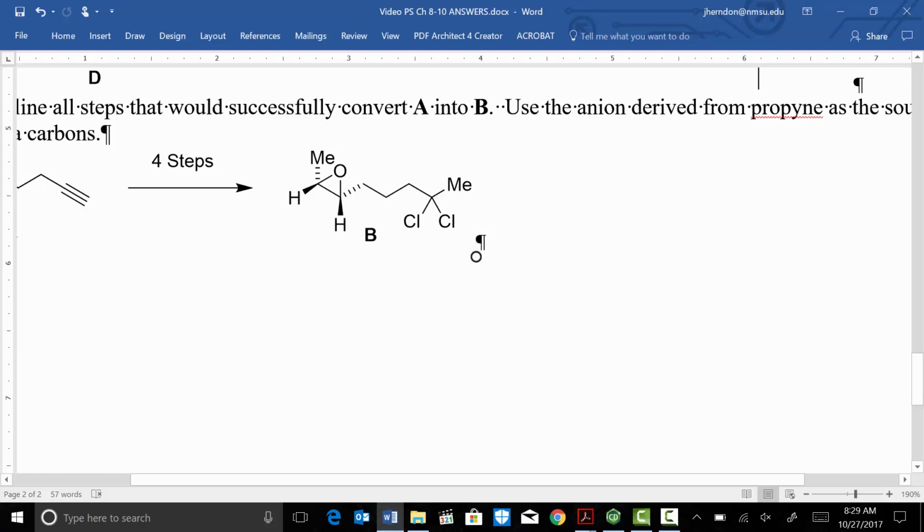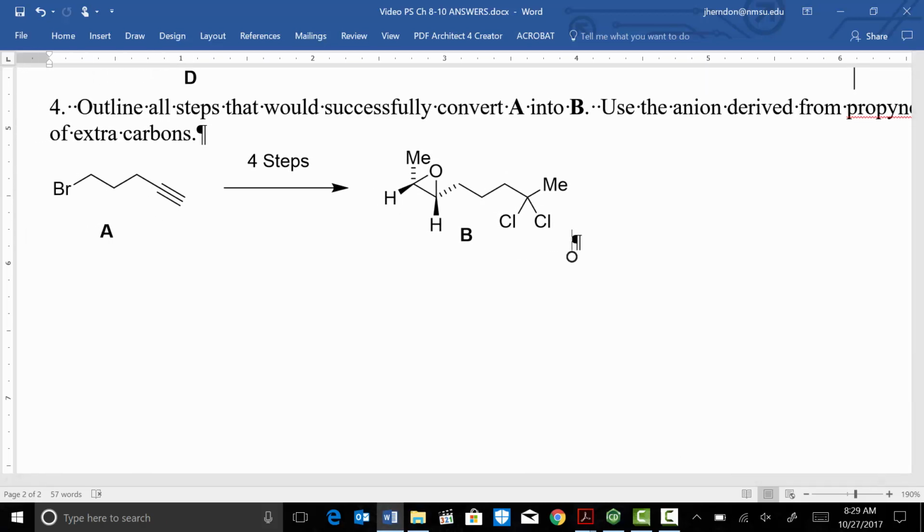Okay, let's look at the last problem here. This is an organic synthesis problem, and let's see if we can find some elements. All right, so if you look at the structure here, sorry, I don't know what this O is for here.